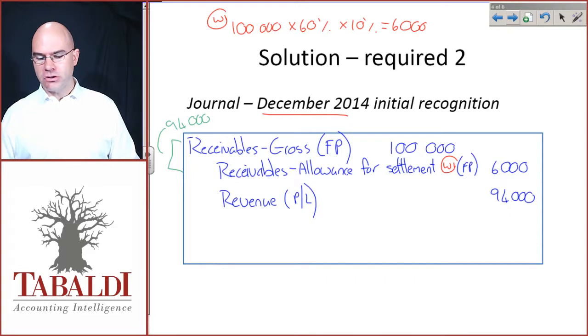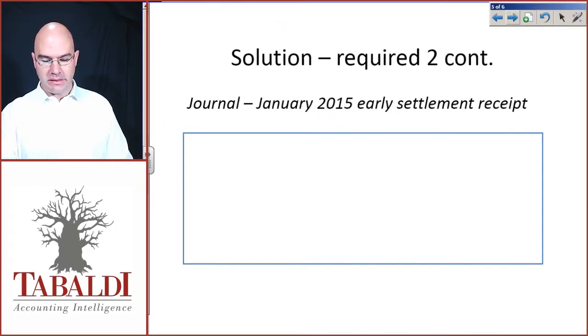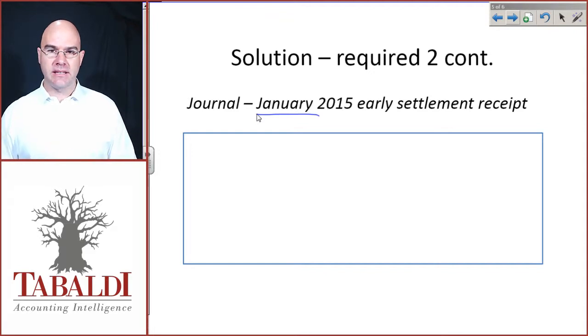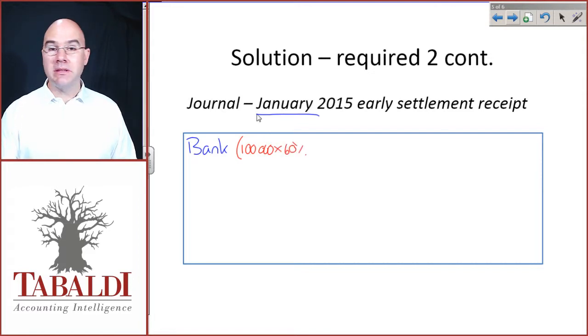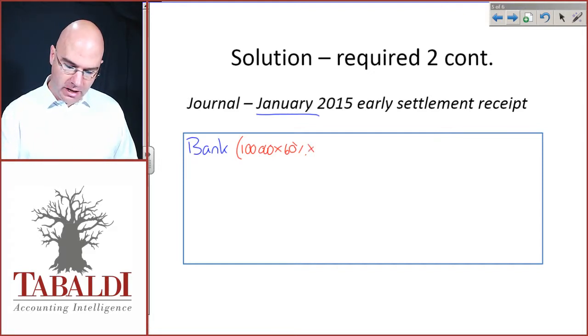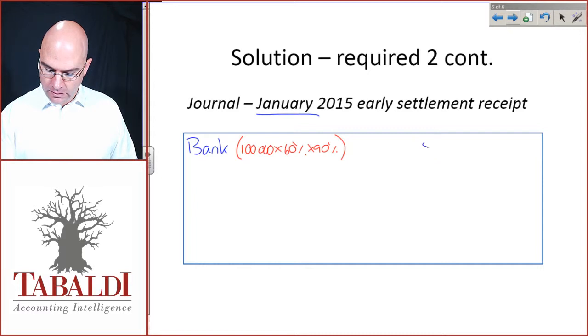Now, the next journal will be a month later, within 30 days. In January, we actually receive the 60%, if you recall. So I will go debit bank, and the bank will be debited with the 100,000 times the 60%, but remember these guys are going to deduct the settlement discount as well, so times the 90%, and I will receive the 54,000.